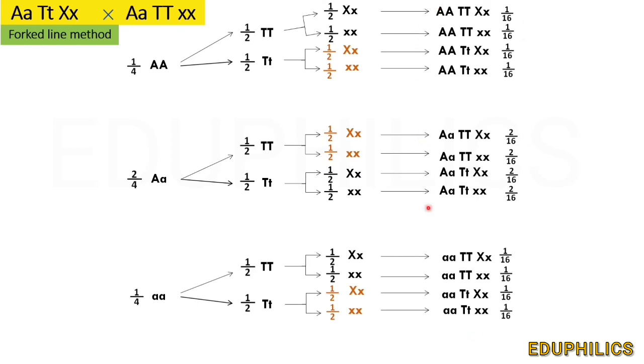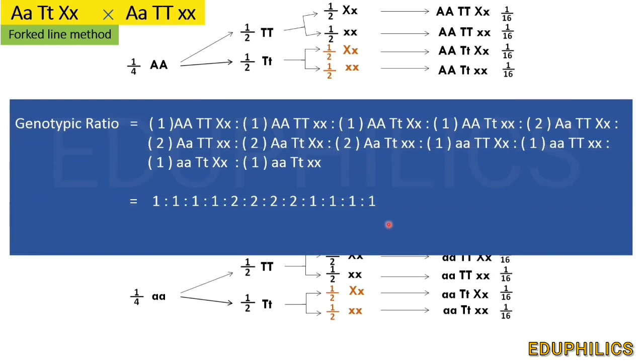So these are the possible genotypes and their probabilities of progeny formed in this cross. Let's write the genotypic ratio properly. Capital A, capital T, and capital X, small x occurs at the probability of 1 by 16. You can see here 1:1, which we got here. Let's move this one.